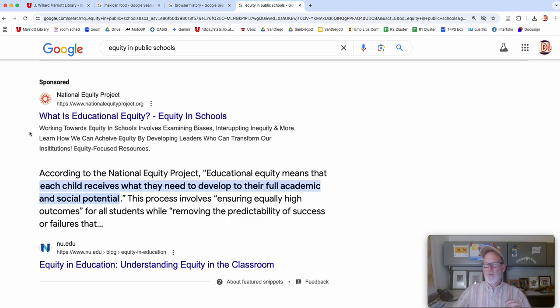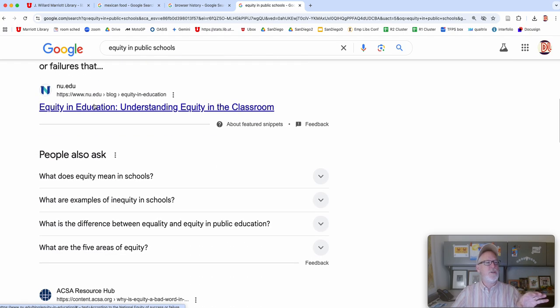You are not going to be choosing a website because of whether you agree with it or not. I would say you're going to be going across several different websites and be cognizant of where they're coming from. So the National Equity Project, I have no idea what that is, but I know that they're not going to give me the complete picture.